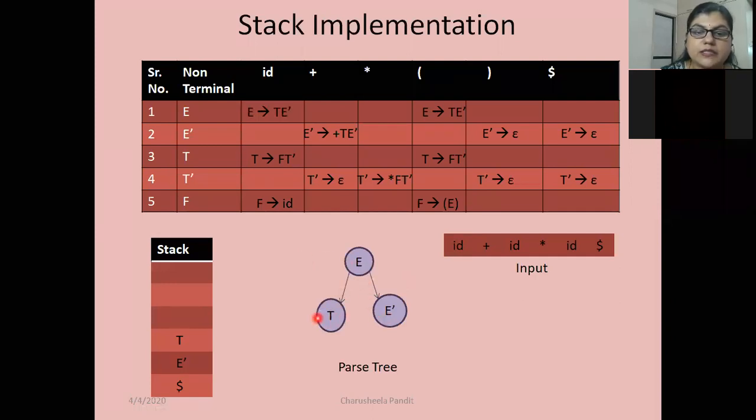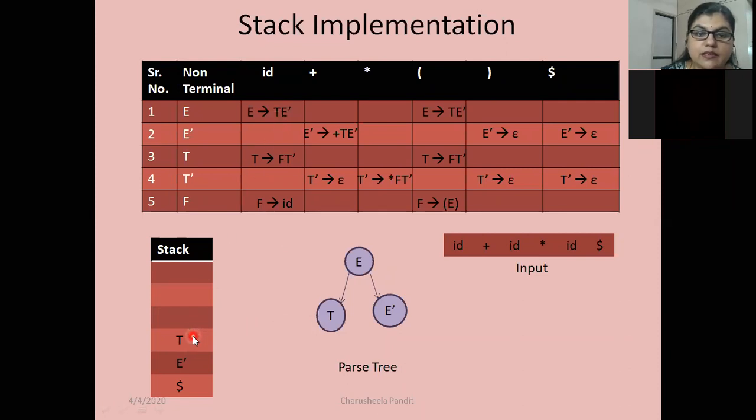When E gets expanded to T E dash, you can see what you got in the stack. The leftmost symbol of the production, that is E, gets popped, removed from the stack, and the right hand side, the expansion of that E, gets pushed in the stack. And because it is a leftmost derivation, you know that T is a non-terminal which should get expanded first.